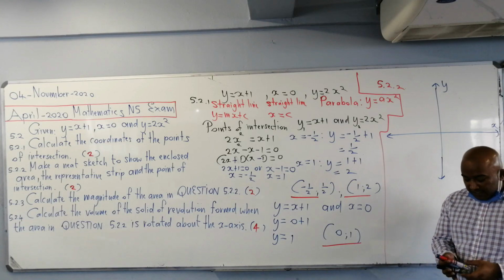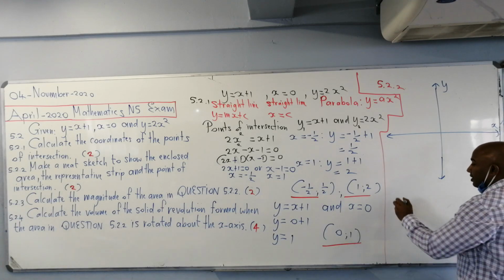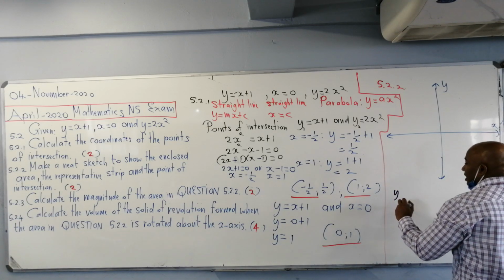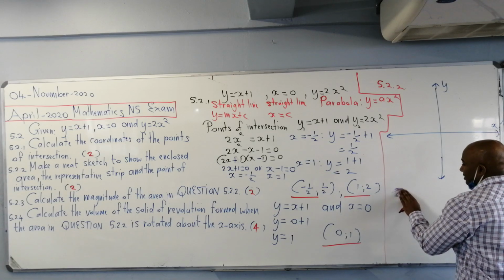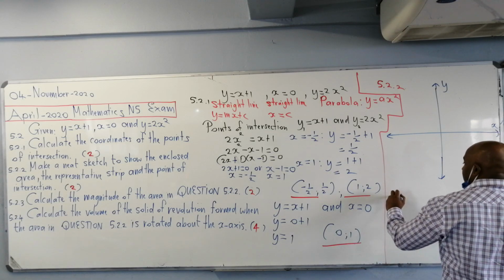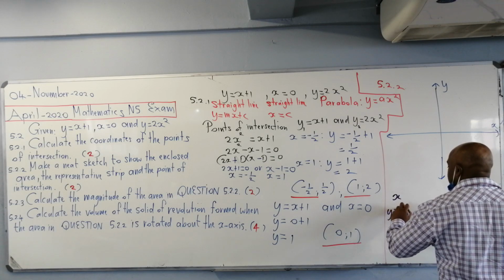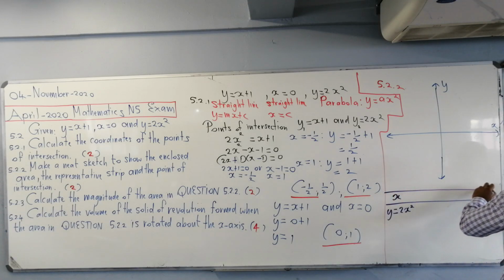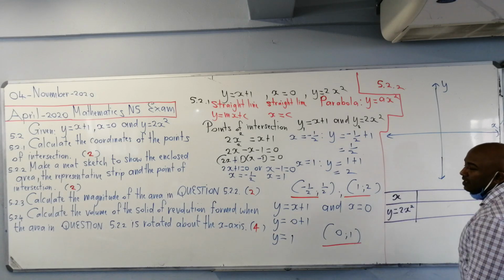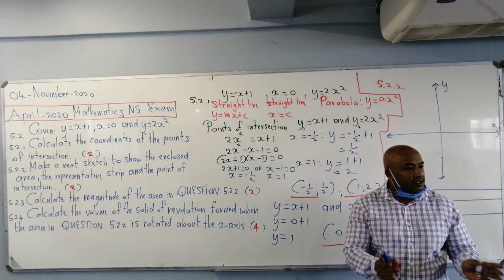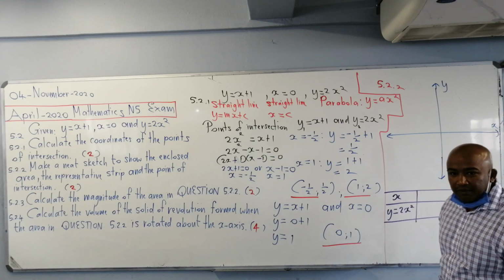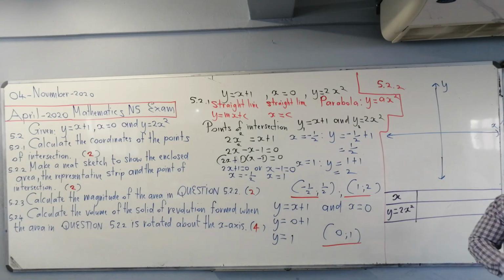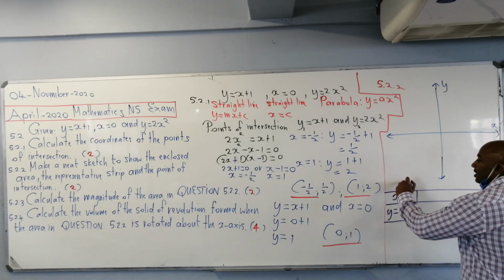Okay, so if you've never sketched y is equal to 2x squared before, this is how you do it. You go y is equal to, so you got x, and then you have y is equal to 2x squared. And then you just substitute values and then get the corresponding. Substitute values for x, get corresponding y values. You can use the table function on the calculator.